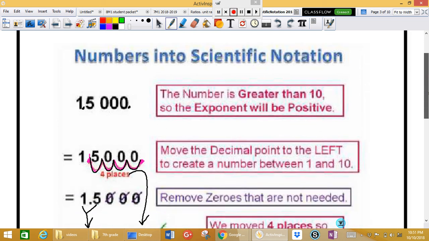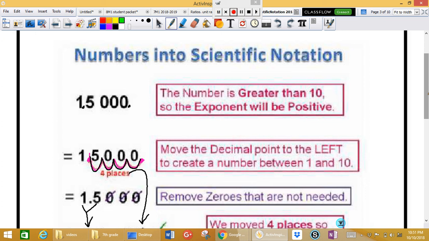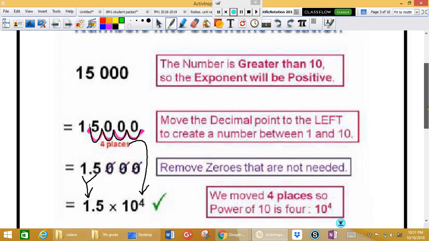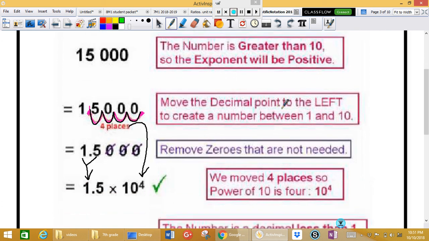Numbers into scientific notation. Well, I look at the number and it's bigger than 1. So I know my exponent's going to be positive. I have to move the decimal point to the left to create a number between 1 and 9.